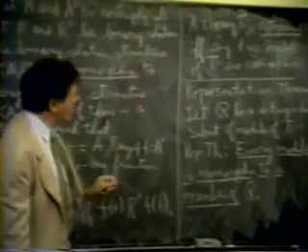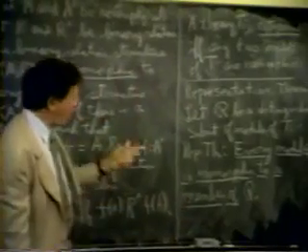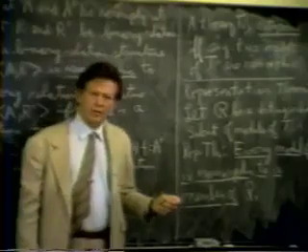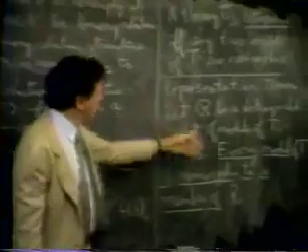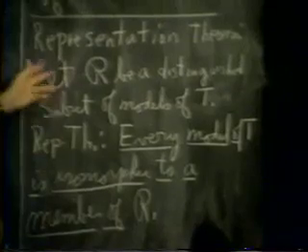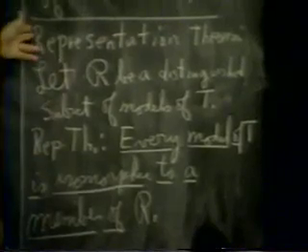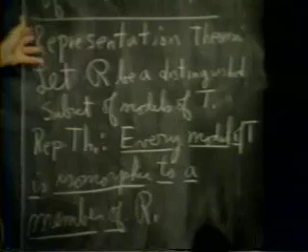The question then arises for theories in a general way, not simply in the theory of measurement. If they are not categorical, how do we want to think about the structure of models of the theory? And the general answer is in terms of a representation theorem.